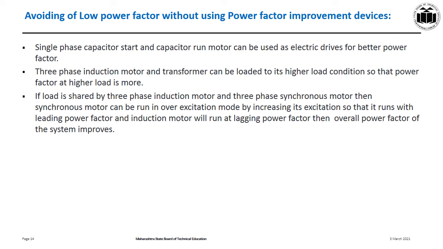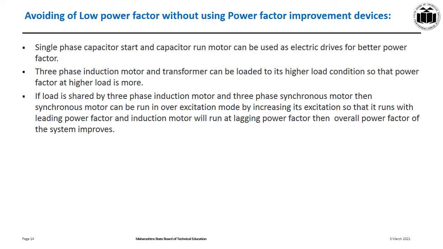Avoiding of low power factor without using power factor improvement devices. Following are the practices which will be helpful to give the good power factor at the time of operation, like single phase capacitor start and capacitor run motor can be used as electric drives for better power factor, and three-phase induction motor and transformer can be loaded to its high load condition so that power factor at higher load is more.